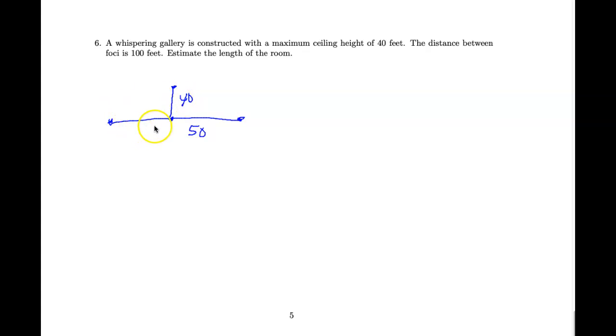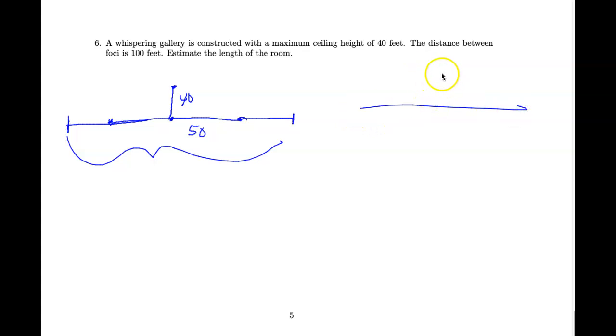Remember, when we draw the ellipse, it goes to the vertices, not to the foci. So what we're essentially trying to do is find the length of this whole length right here. If we relate these numbers to the parts of the ellipse and how mine is oriented, the vertices are a distance of A away.